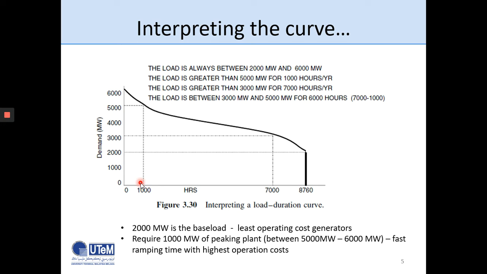Okay, so peaking plant is for when there is a sudden increase in demand, so we turn on our peaking plant to supply power to it. Okay, for example, suddenly during an afternoon in April, there's a sudden heat wave occurring throughout the country because of the weather. So everybody is turning on air conditioning at the same time.